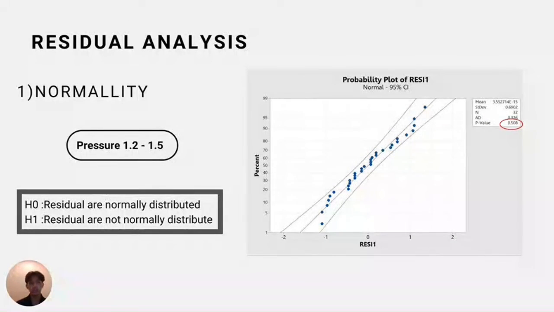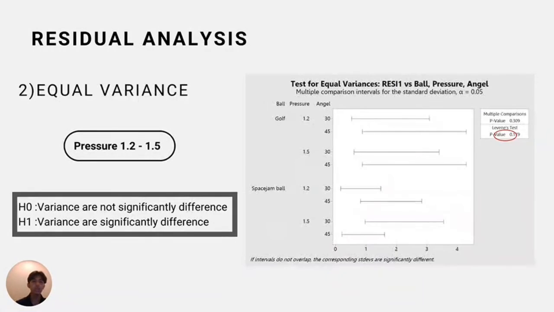Residual analysis. First, normality, we check the p-value. If it is more than the alpha that we have set, we conclude that we fail to reject hypothesis H0, so residuals are still normally distributed. Test for equal variance. We also check the p-value; if it's more than alpha, we can assume we fail to reject H0, so variances are not significantly different.